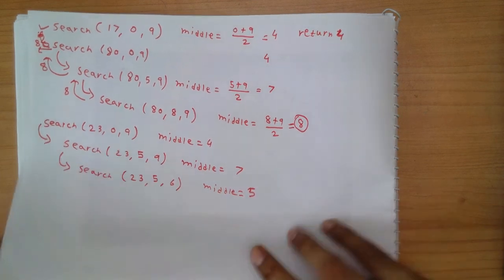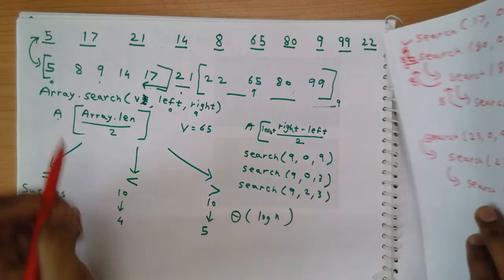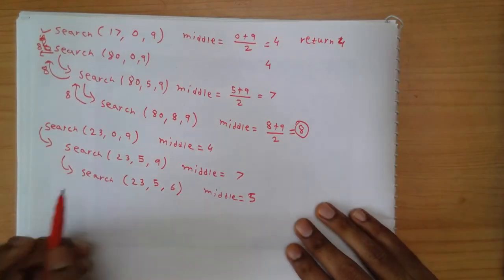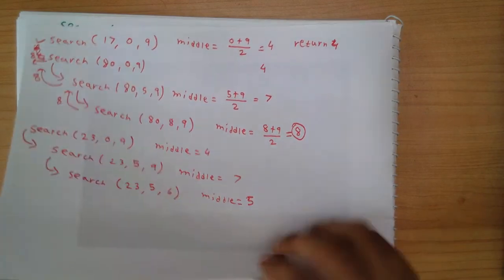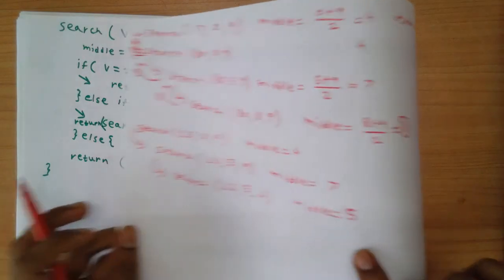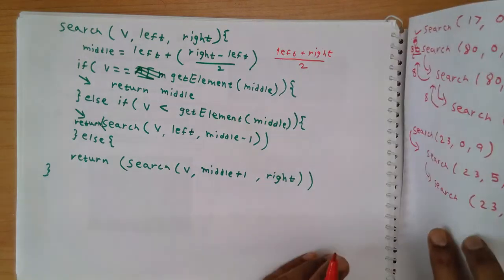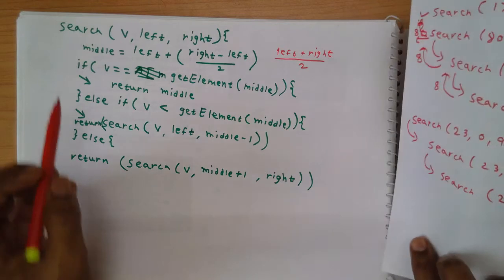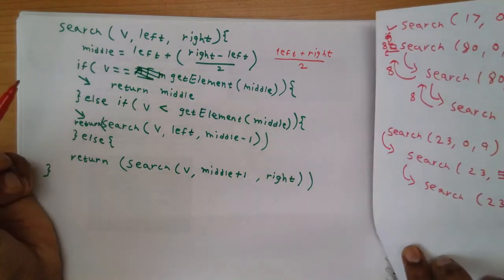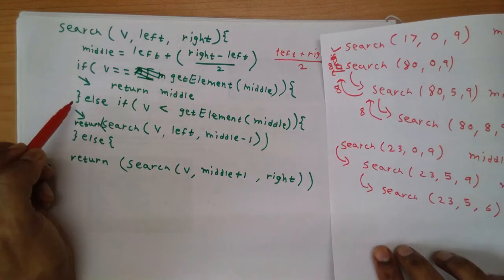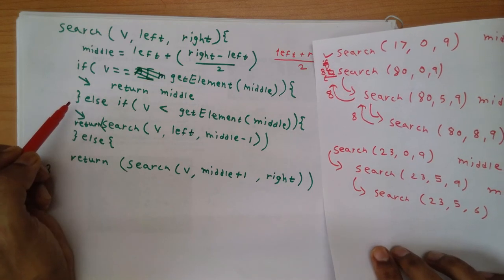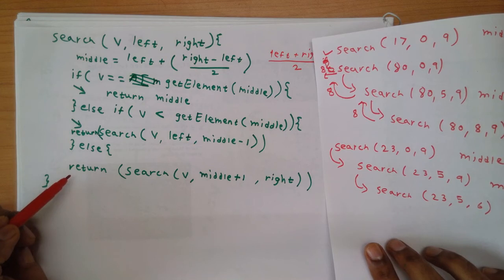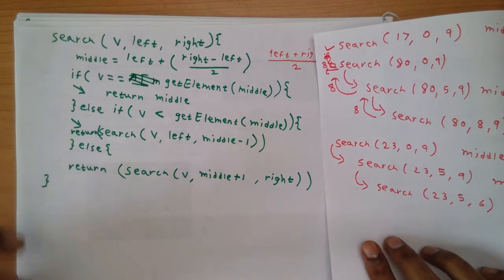So I'm going to look at the element at index 5, which is 21. If I compare 23 with 21, what is going to happen? My v is 23 and at middle I have 21. So this is the case where I have to search at middle plus 1 and right.